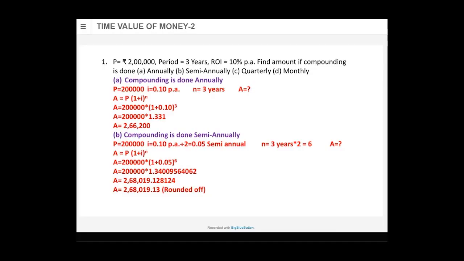So on calculator 1 plus 0.10, 1.1, into 2 times you have to press, or even you can press once and then equal to sign. If you press equal to once, it will become raised to 2. One more time equal to, and it will become raised to 3. बार बार 1.1 into 1.1 into 1.1 नहीं करना है. शॉर्टकट मालूम है कि नहीं मालूम है? Do you know this shortcut?